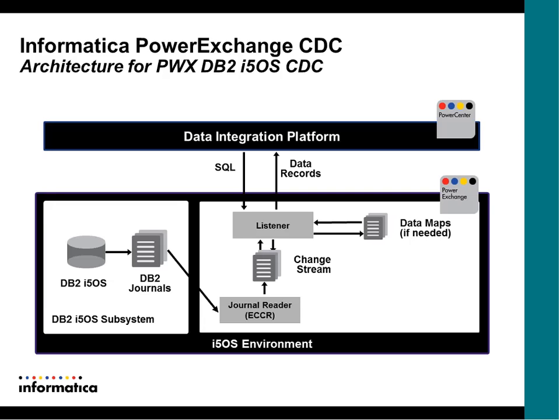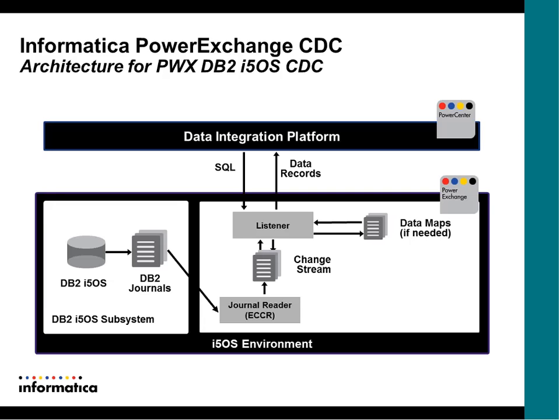It accesses the journals through a standard interface that IBM provides on the AS400. So it uses that API to access the journals, parse them, reformat them, and write them to the change stream in a format that is very similar to the ones that came from the mainframe sources. So when PowerCenter issues its SQL to read them, they're going to be in the same format as they were coming from the other sources, and it's all been standardized in that regard.